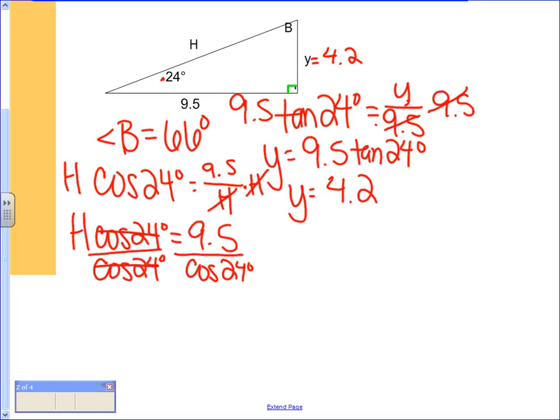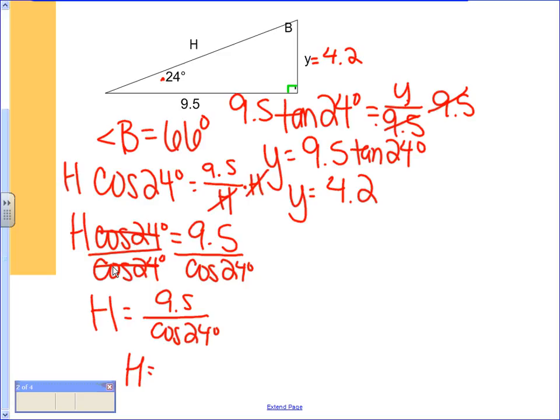Cosine of 24 is like one thing, so you can't split it up. What is h going to be? 9.5 times cosine of 24? 9.5 divided by cosine of 24.